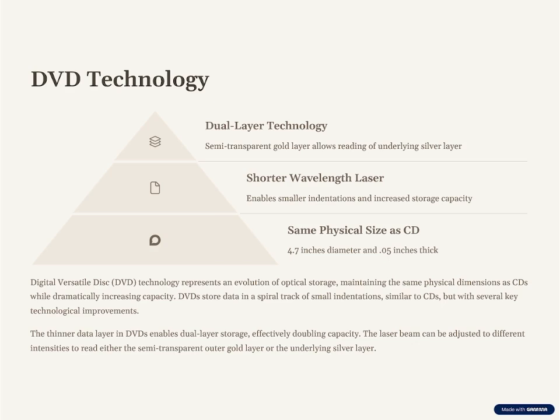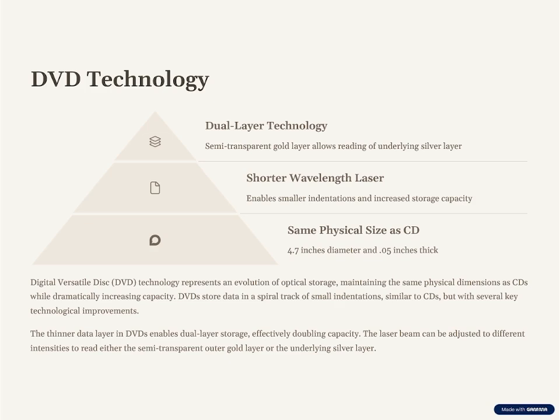We also have the short wavelength laser that enables smaller indentations and increased storage capacity. Then we also have the same physical size as the CD, the compact disc, which is 4.7 inches in diameter and 0.5 thickness.